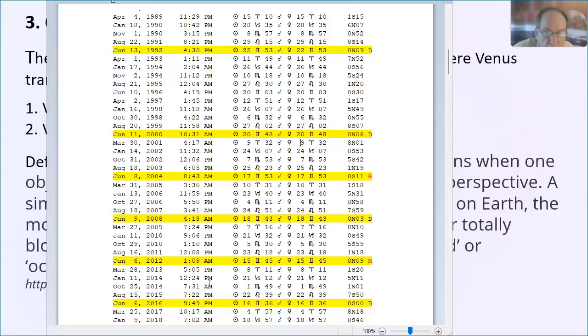So June 6, 2012, Venus latitude was 9 minutes. And we allow 16, so that was an occultation. And in fact, let me show you this.